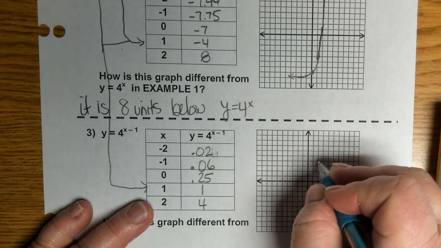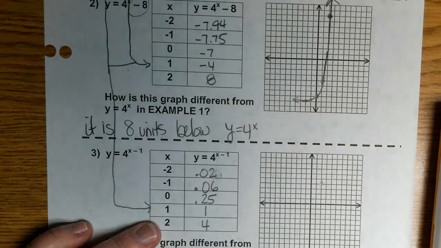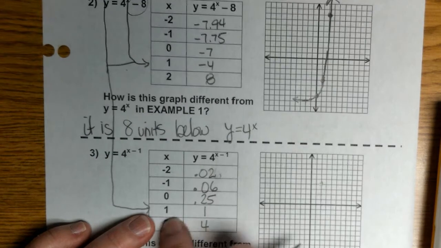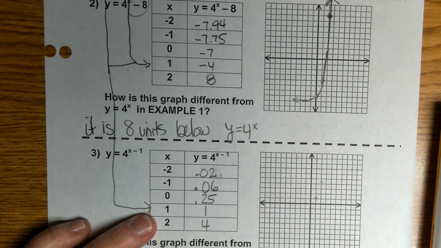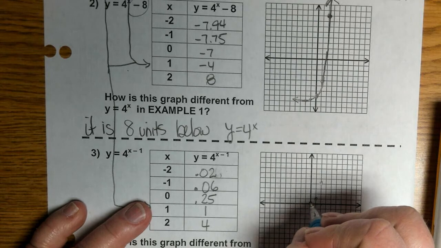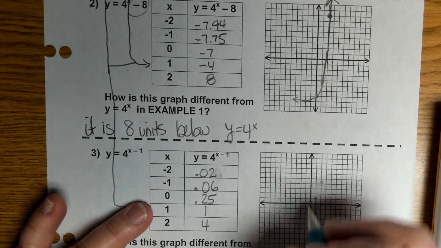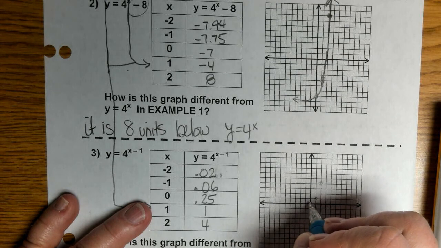So we've got 2 and 4. Here we had 2 and 16, didn't we? Then we've got 1 and 1, which we didn't have before, and then we have 0 and 0.25. So it's getting shifted to the right by 1. So it's translating it to the right by 1, isn't it?